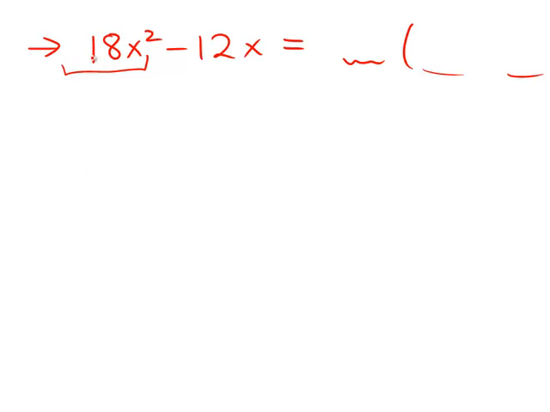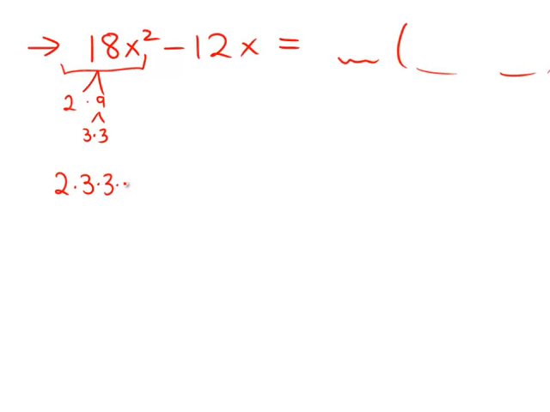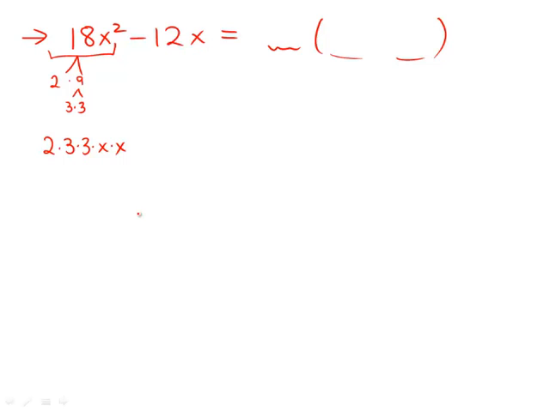In the first term, positive 18x squared, you've got 18, which is made up of 2 times 9, which is made up of 3 times 3. So that's really 2 times 3 times 3 times x squared, which is x times x. And here in the second term, we've got negative 12x, and 12 could be split into 3 times 4, which is 2 times 2. So here we've got negative 3 times 2 times 2 times x.